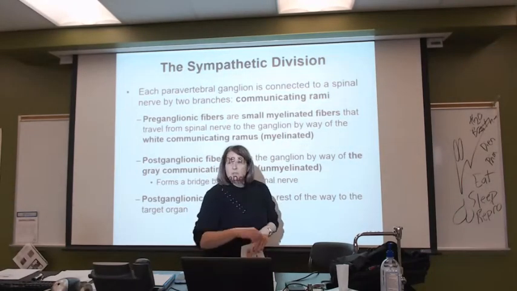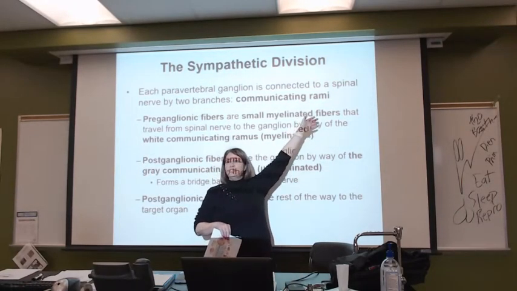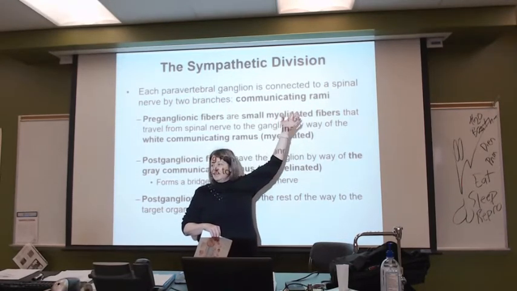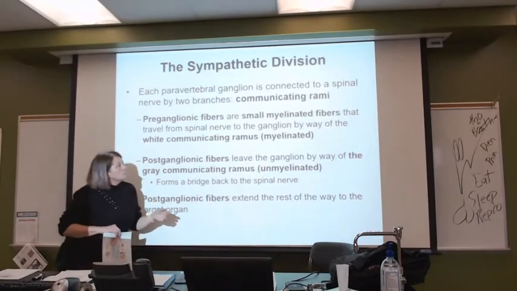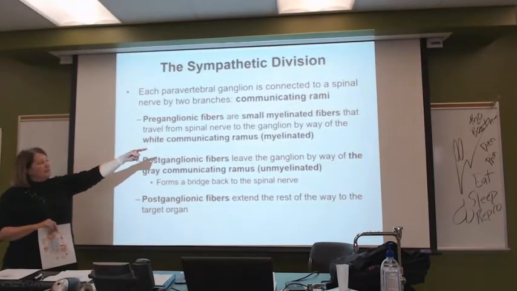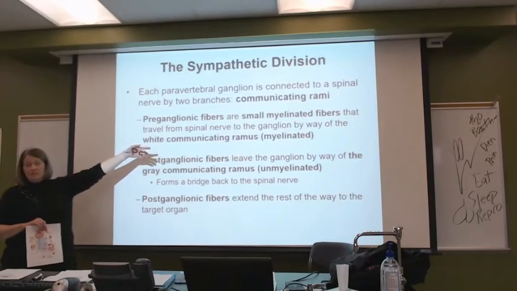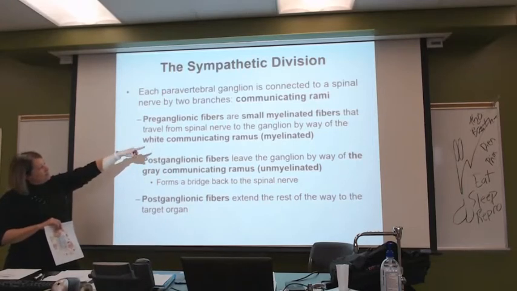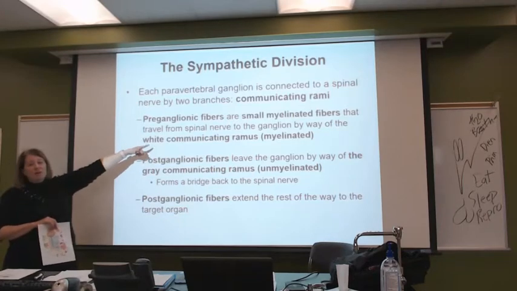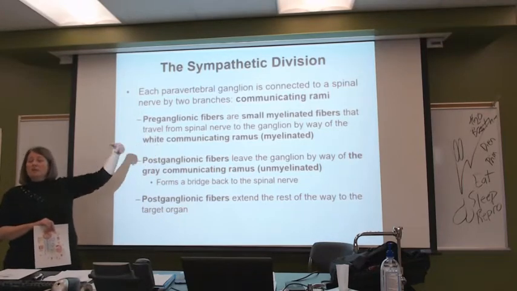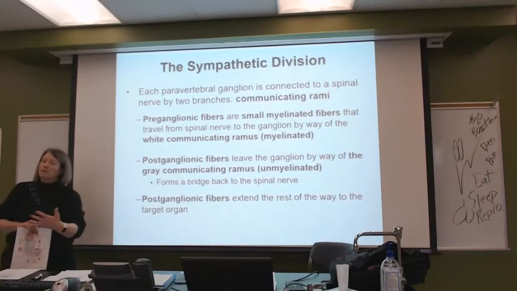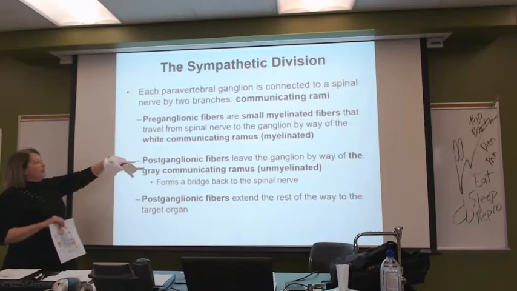We're going to have a little ramus, a projection, and it allows for communication. So therefore, it's a communicating ramus. Preganglionic fibers, we already said, a fiber is an axon, and they're myelinated, and they make their way as they travel from the spinal nerve, because the spinal nerve gives me my route, to the ganglion.